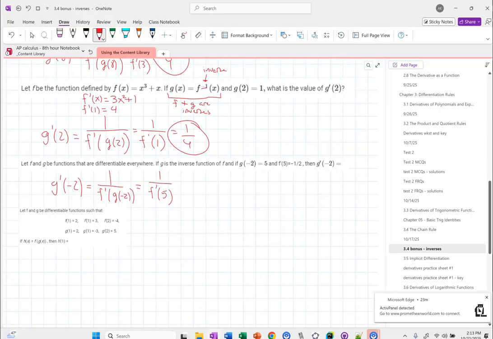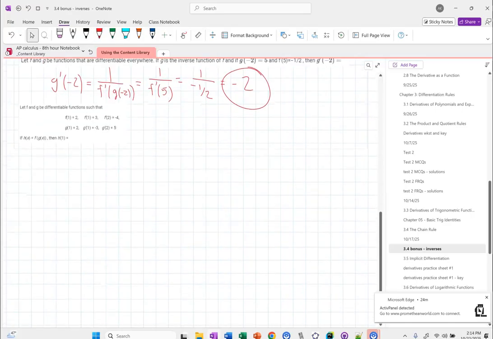So we have 1 over f prime of 5. And hey, we're given f prime of 5. So just -2. Again, no big deal, right? If you know what you're looking at, totally doable.